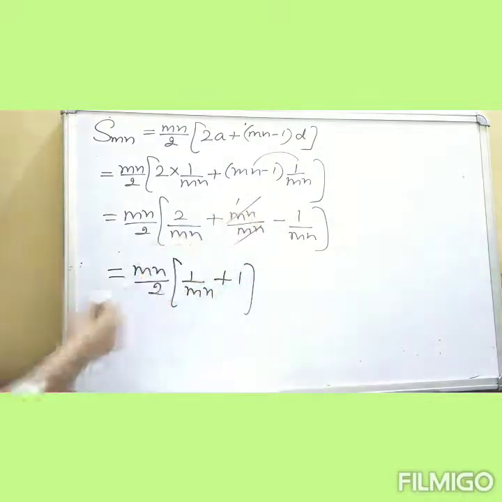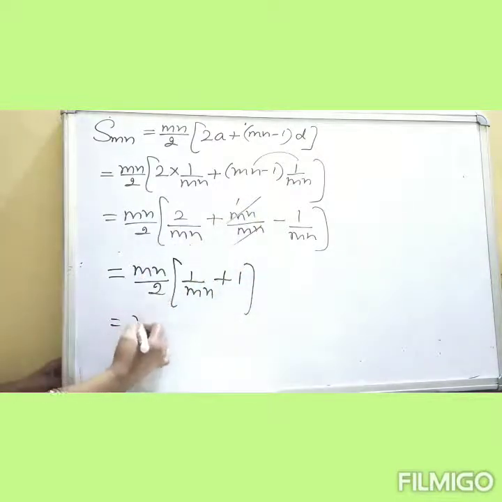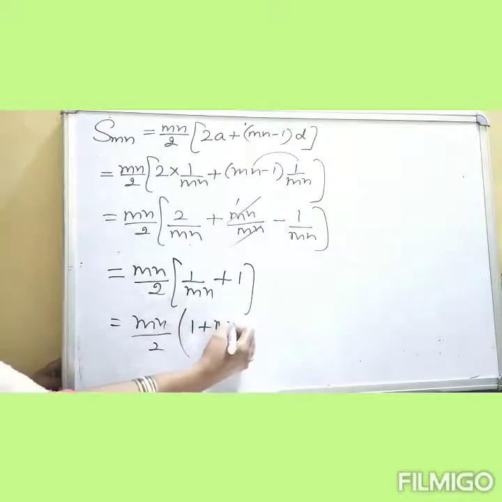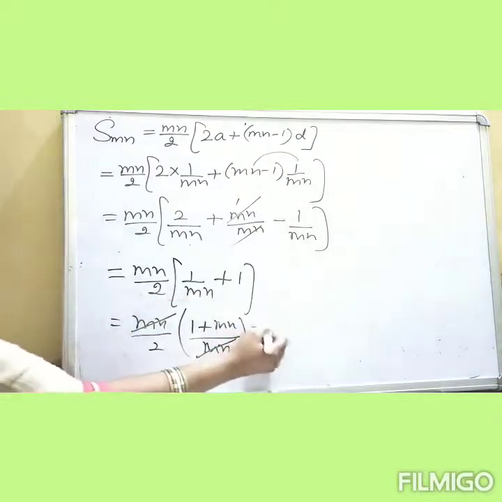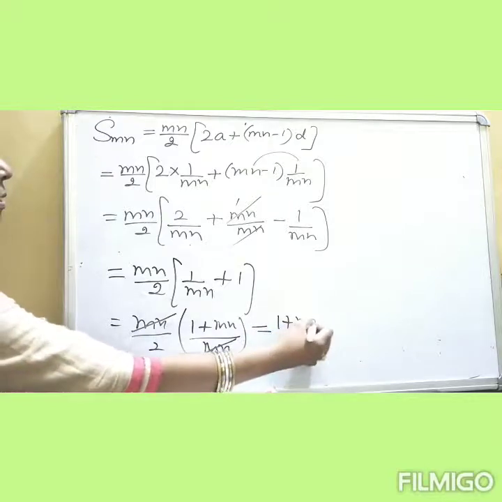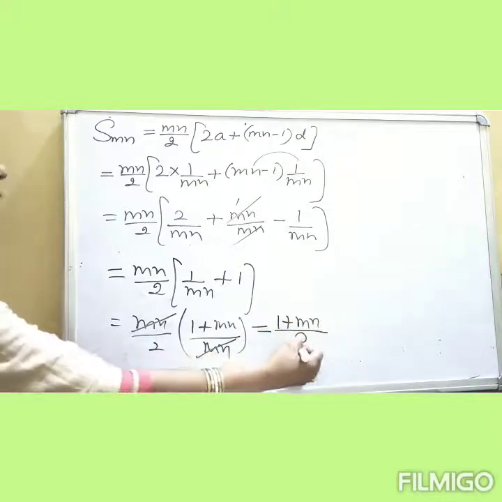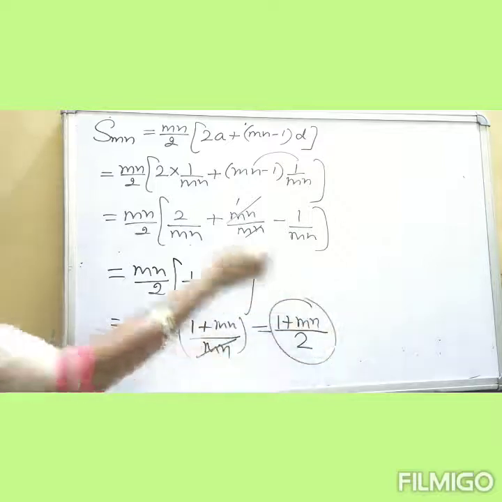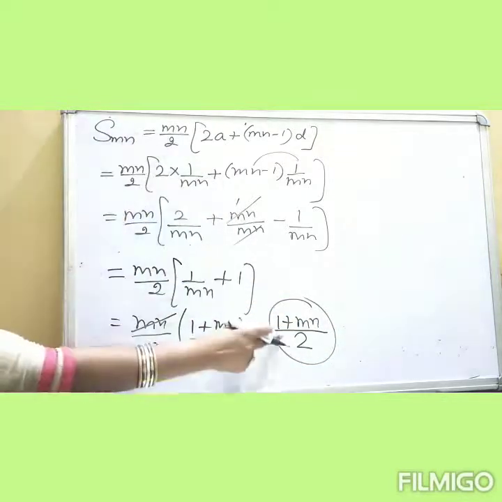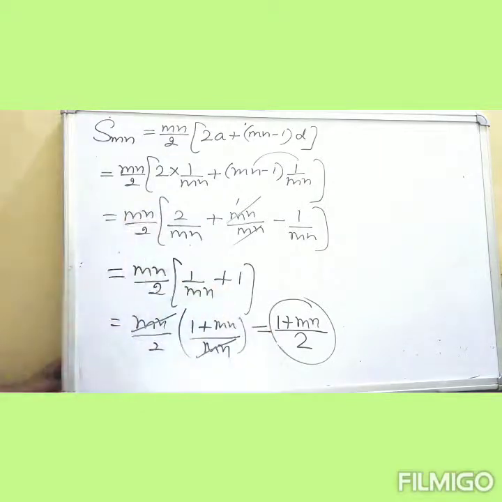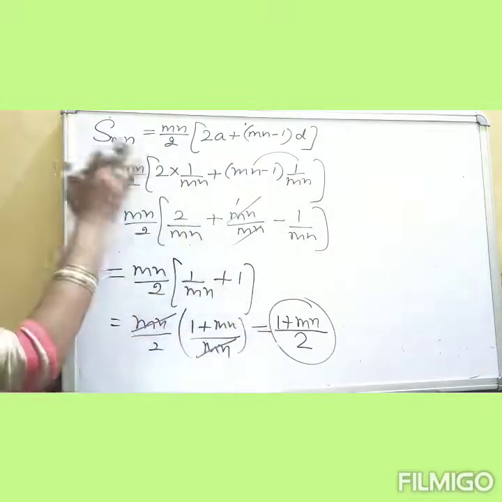So this will now be mn by 2 into (1 plus mn by mn), taking the LCM. Again these two will cancel out, and the final answer will be (1 plus mn) by 2. And this is what we had to prove: that the sum of mn terms is equal to (1 plus mn) by 2. So this we have proved.